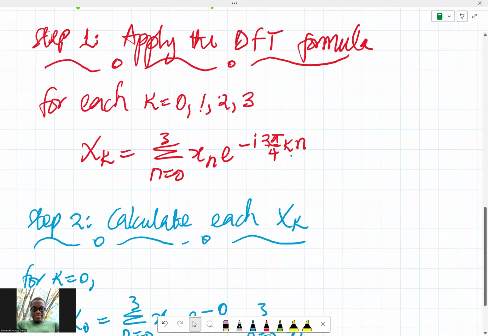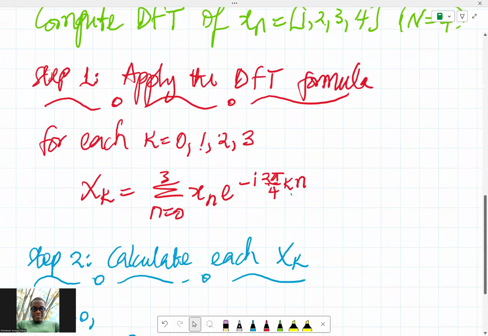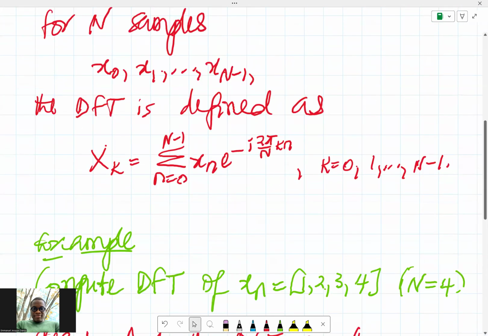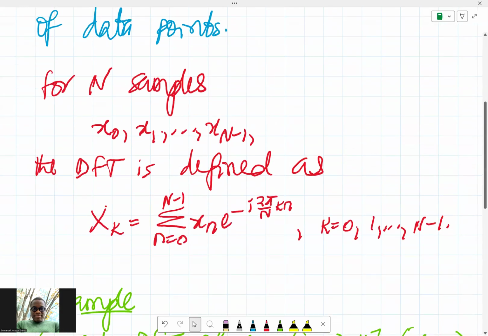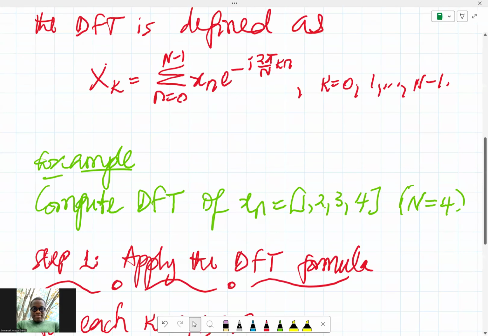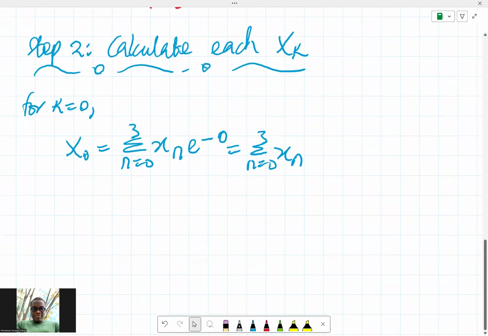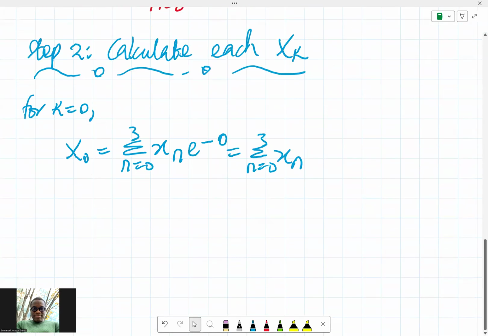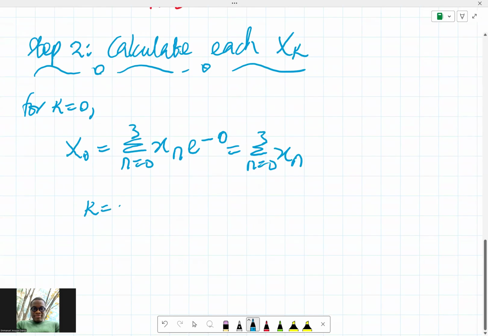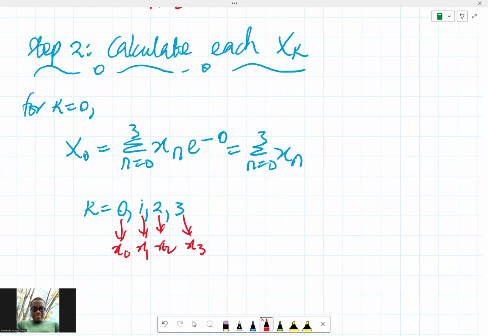In that case, the x n are just, from the definition, x naught, x1, and so on. Because n is 0, 1, 2, 3, that means this is x naught, this is x1, this is x2, and this is x3. That's basically the idea here.